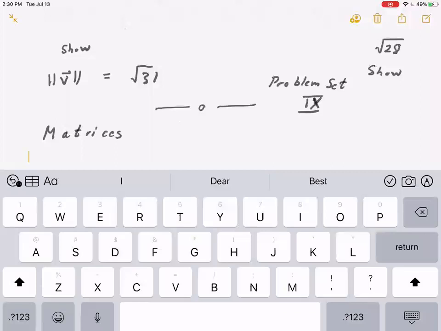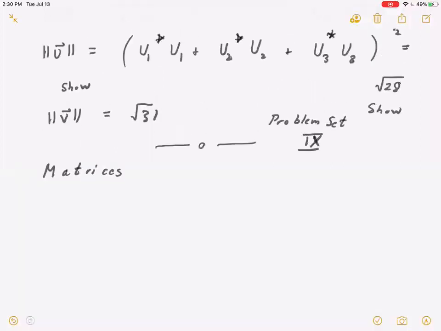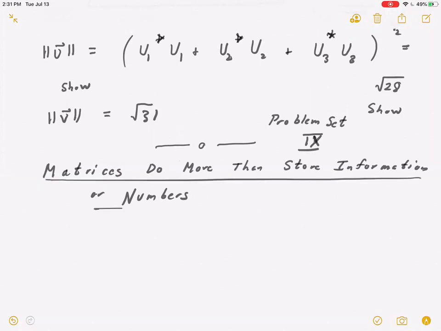So matrices do more than store information, or in this case, information in the form of numbers. Matrices do more than this.